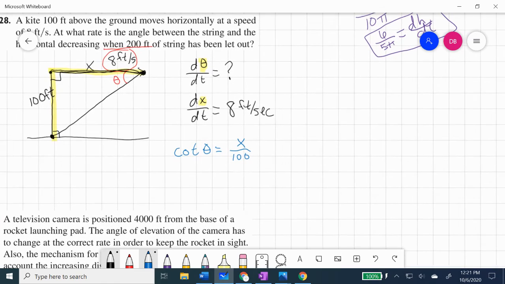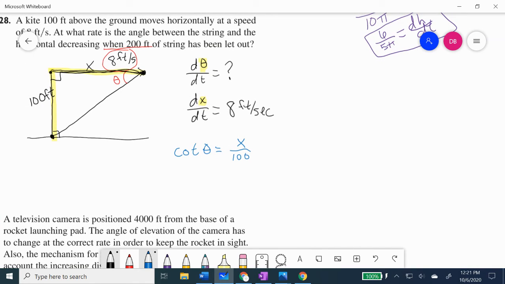Worth it. Now we take the derivative with respect to time. For cotangent, the derivative is negative cosecant squared. And remember, with respect to time, so give mommy her baby, theta, and then times d theta dt. Constant multiple 1 over 100. Make your life easier.